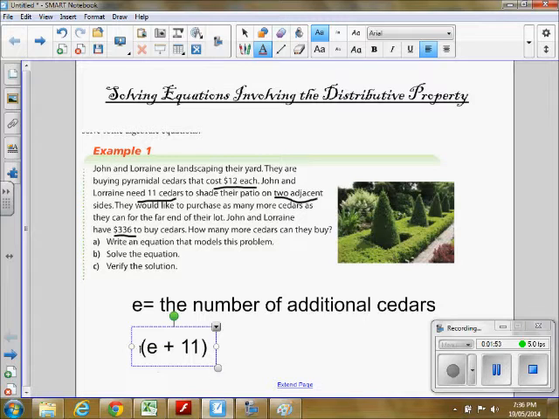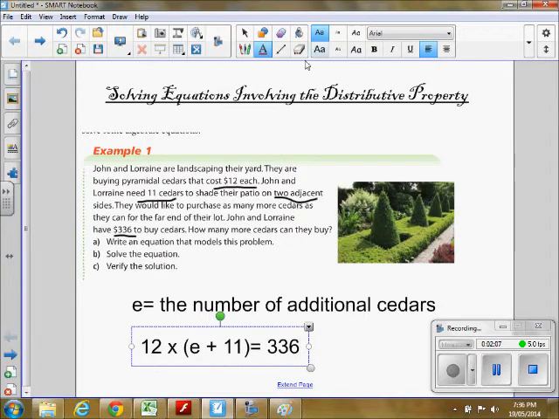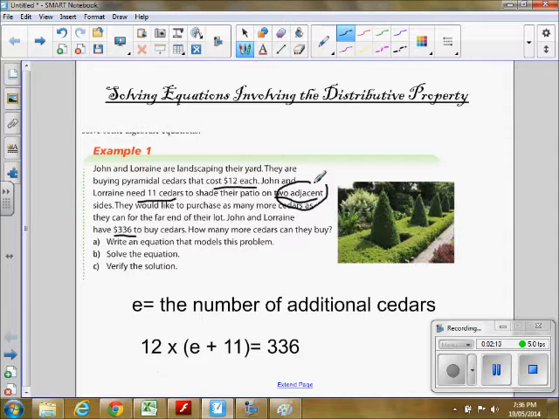Each one costs $12, and they only have $336. So we see that this particular information here, we don't need that, so we can cross that out. But these other parts we do.